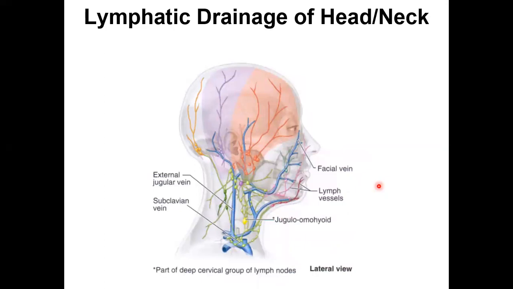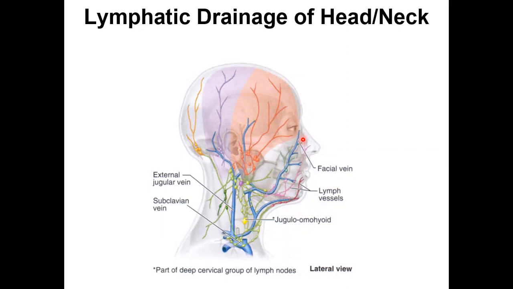So talking about drainage, they actually color-coded here the areas of the head and scalp and where they drain into. So you can see drainage into your occipital nodes, drainage into your retroauricular nodes, drainage into your parotid nodes here. They're also showing here facial vein. Facial vein becomes important for the spread of infection on your face.